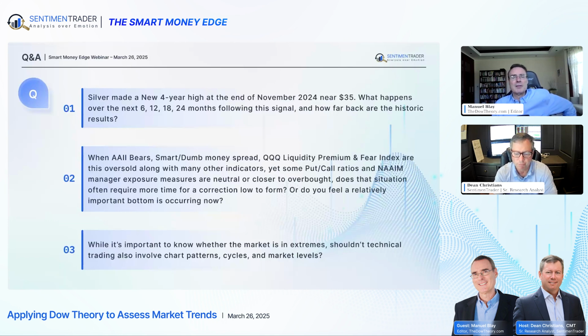The outlook table I showed for silver is what we utilize in all of our research notes, so our subscribers can get a general sense of whether the market should go up or down, and what our risk and reward are. That's the key to successful trading: understanding the probabilities and the risk and the reward.